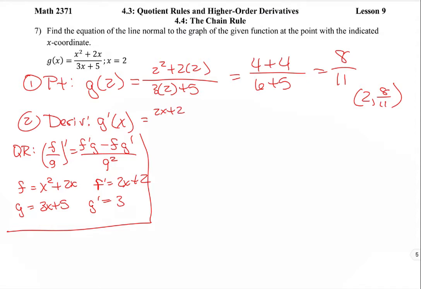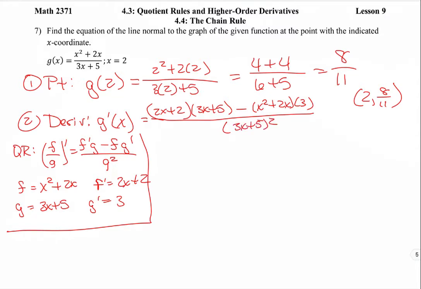So g prime of x equals (2x plus 2) times (3x plus 5) minus (x squared plus 2x) times 3, all over (3x plus 5) squared. Third, I need to find my slope, which is my derivative at 2.